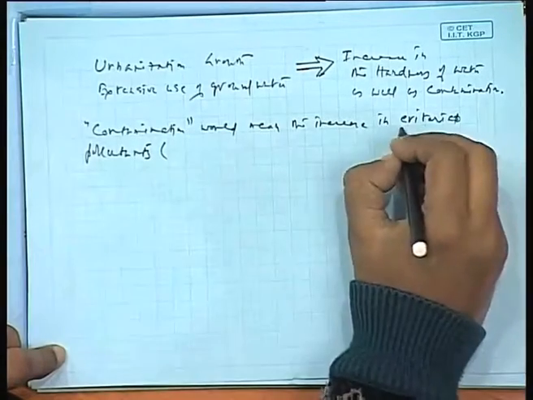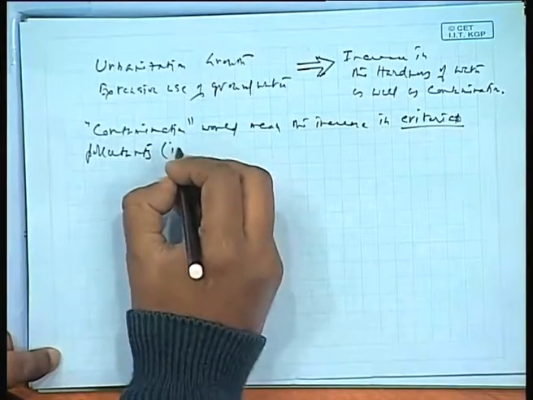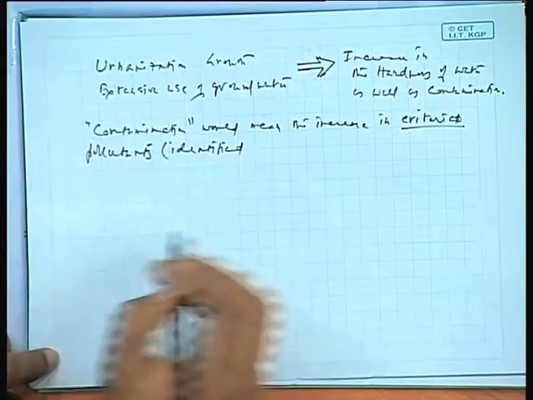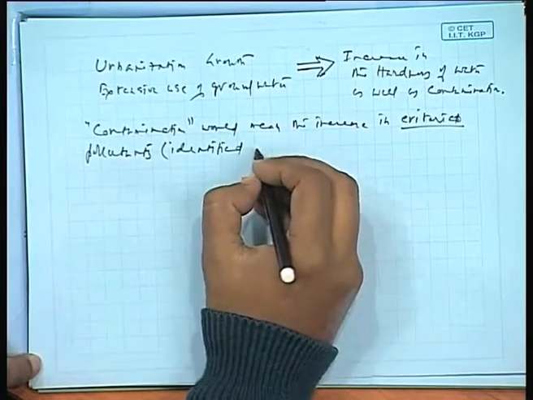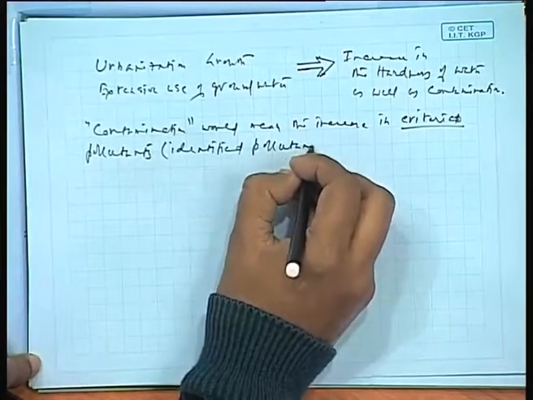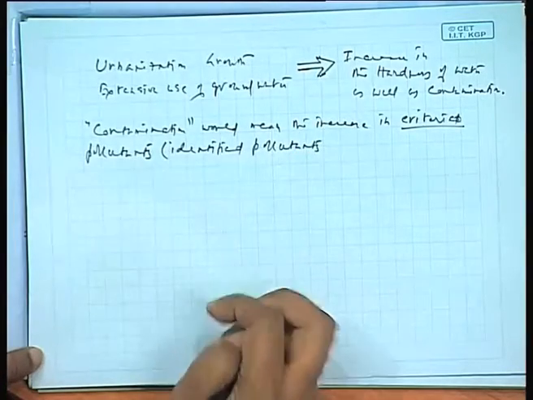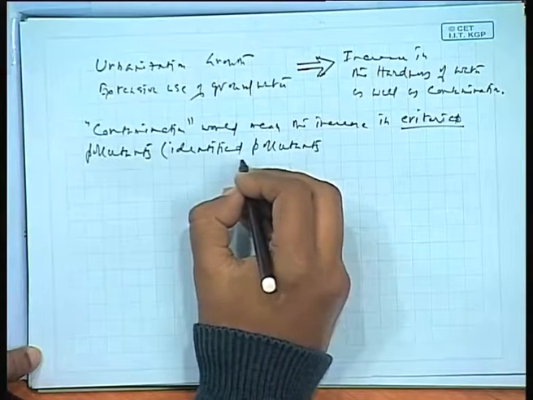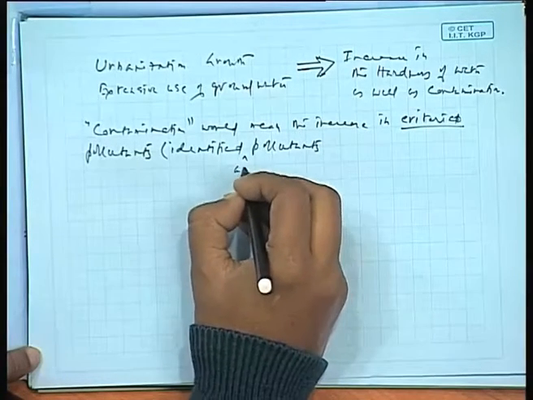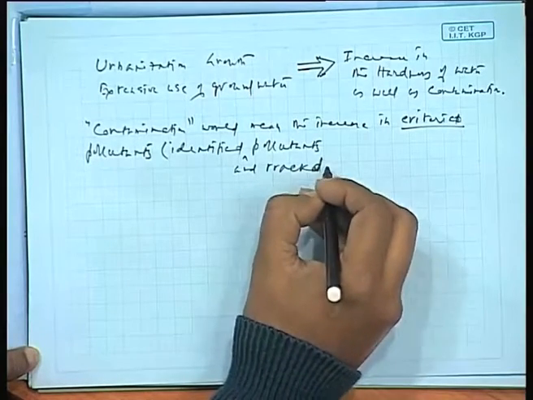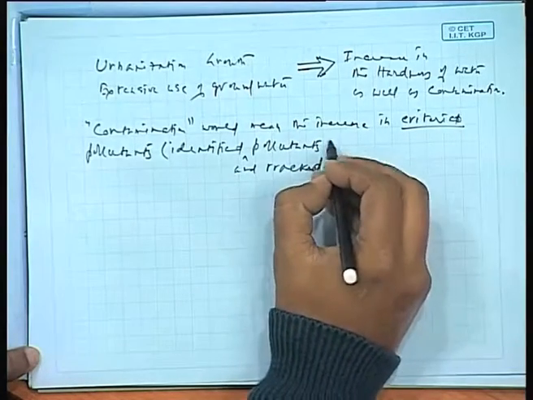This word, criteria pollutants, is known as identified pollutants, or identified and tracked pollutants. What does it mean?